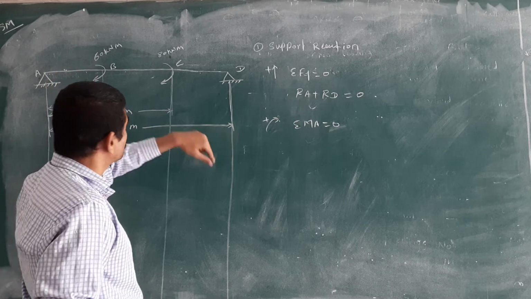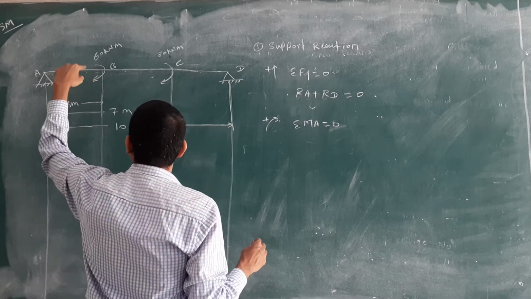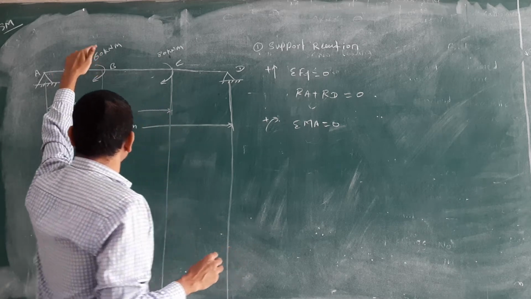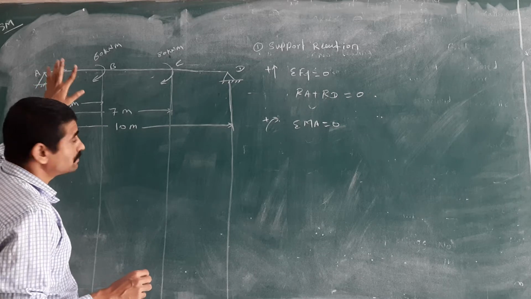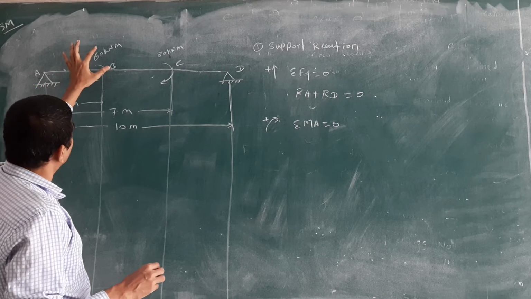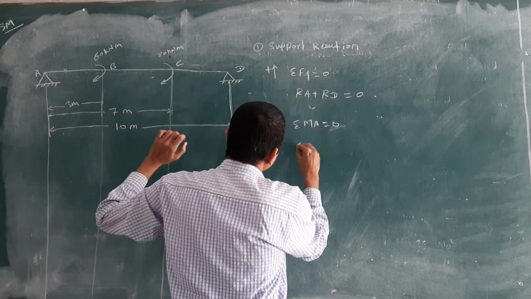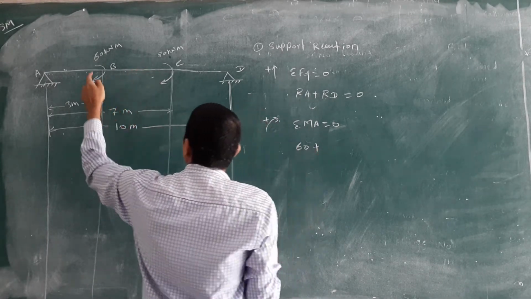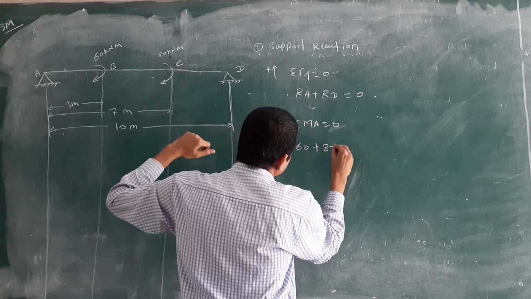Here we want to consider the moment. Yes, it is already converted into moment. Don't multiply by distance. If a point load is given, then you have to multiply by distance. But here it is already multiplied by the distance, so you have to take only that value, 60 plus because of clockwise, plus 80, because of clockwise again.